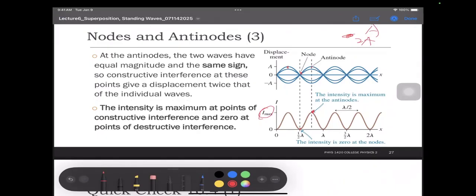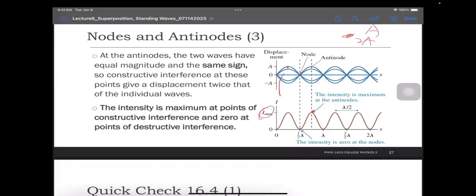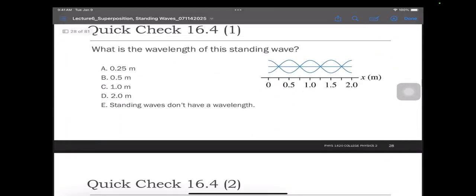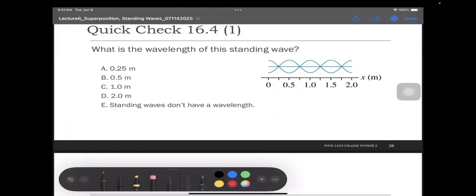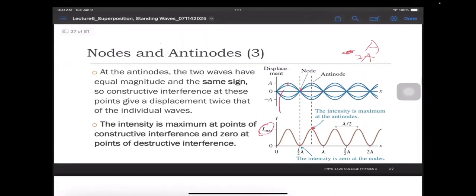So two nodes spans 1 lambda. For example, if here is the start, here should be the lambda. That makes sense. So what's the wavelength? It should be 1. Does it make sense to you? According to the definition we have already talked about.